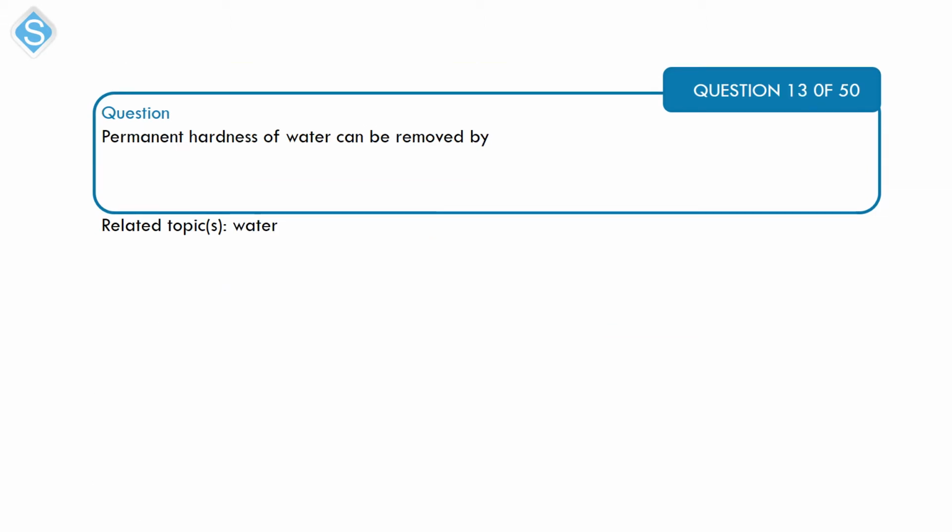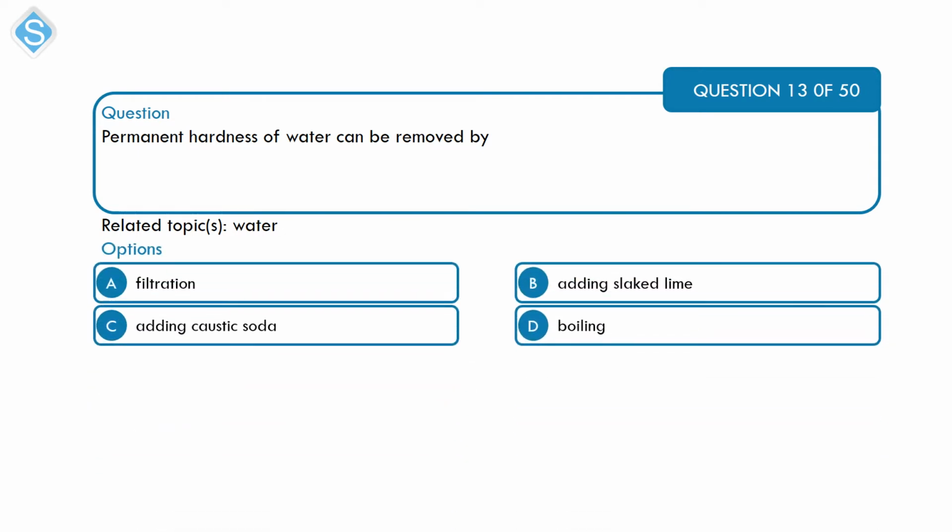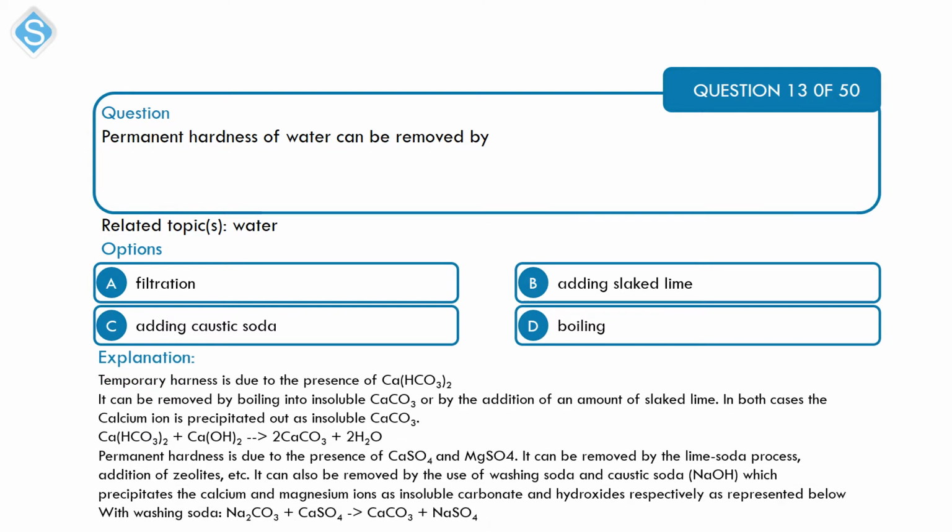Okay, the next question is on water. Permanent hardness of water can be removed by A. Filtration, B. Adding slaked lime, C. Adding caustic soda, and D. Boiling. Okay, so there are two types of hardness of water. There is temporary hardness and there is permanent hardness.